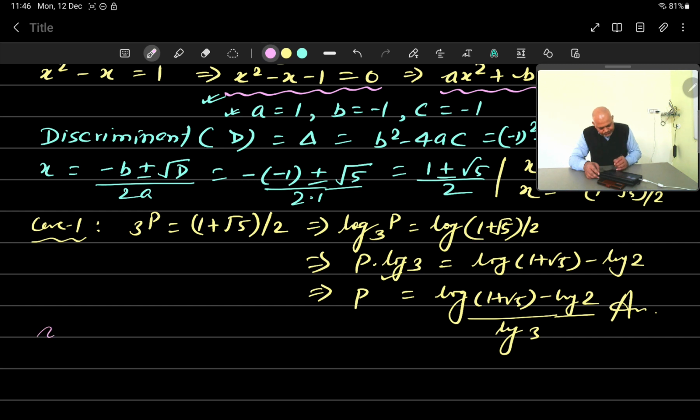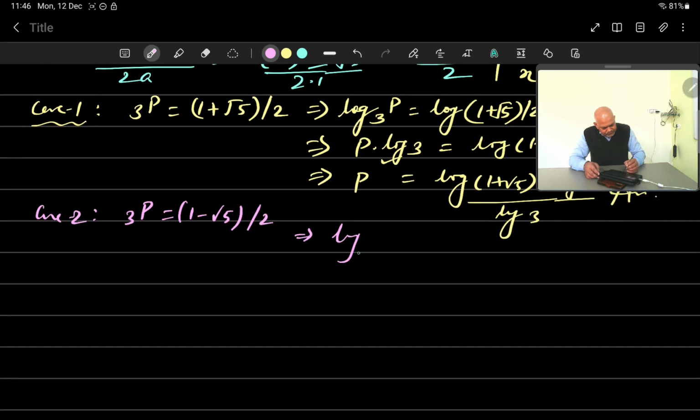Now case 2. If you put 3 to the power p equals 1 minus root 5 divided by 2, then taking logs, log 3 to the power p equals log of 1 minus root 5 minus log 2.